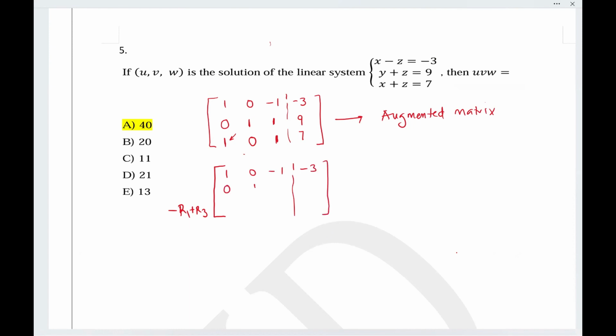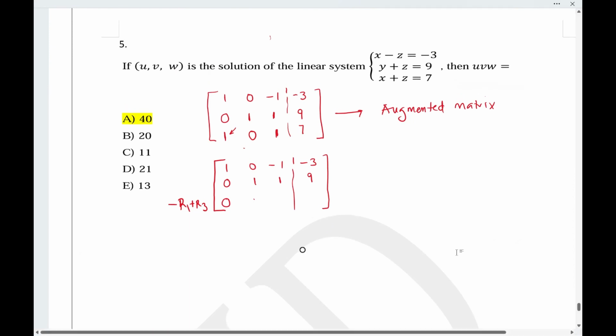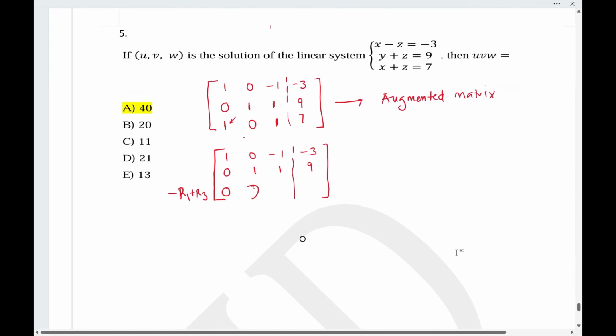This is still 0, 1, 1, 9. And this is going to be 0 because I'm doing minus 1 times R1. This is still 0. And what is the next one? Minus 1. So this is going to be 1 plus 1, so this is 2 here. And you have 3 plus 7, so this is going to be 10.